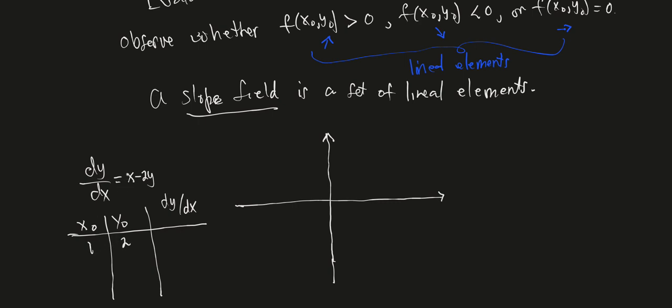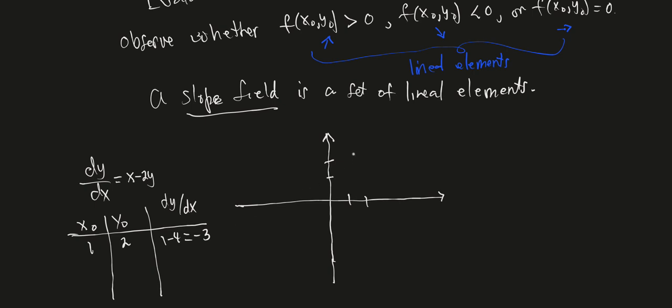If I plug 1 in for x and 2 in for y, I will have 1 minus 4, so that's negative 3. And what this means is, at the point (1, 2), because the slope is negative 3, then I would have to have an arrow.